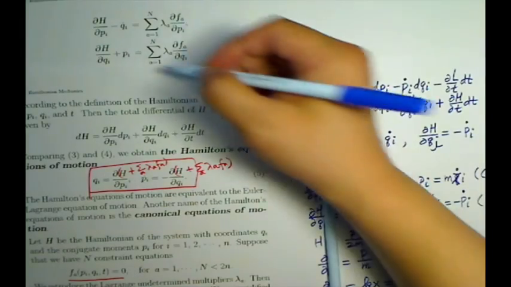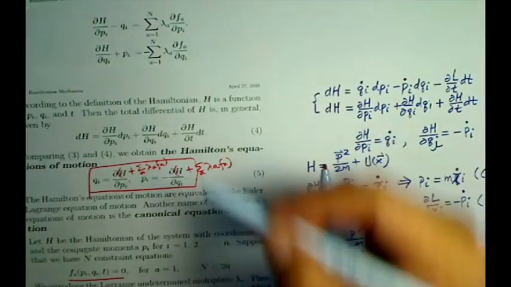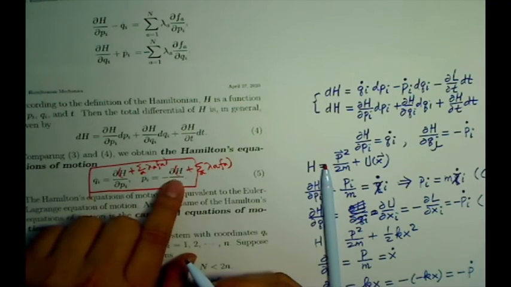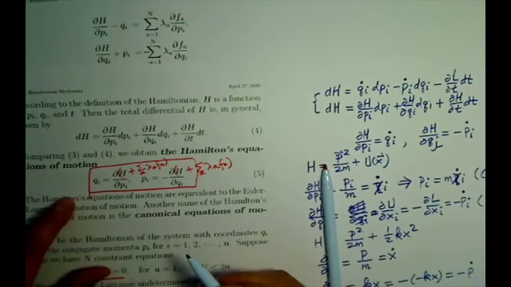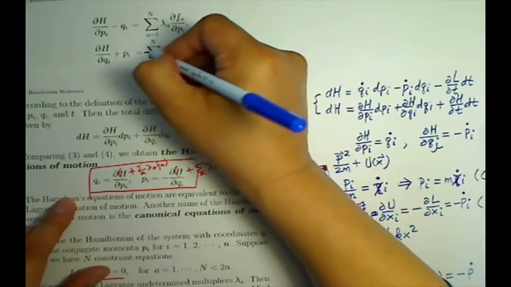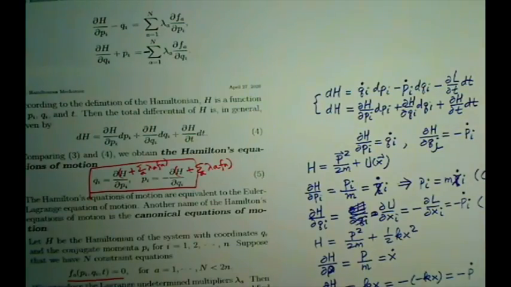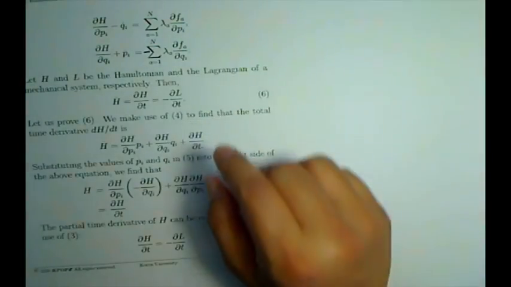Let me check it. I think there should be a negative sign on it. It should be a negative sign on it. Okay. All right. So this method is the addition to the Hamiltonian of a constant.